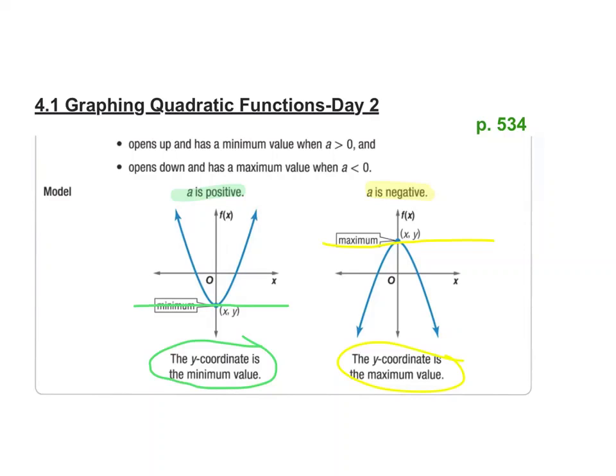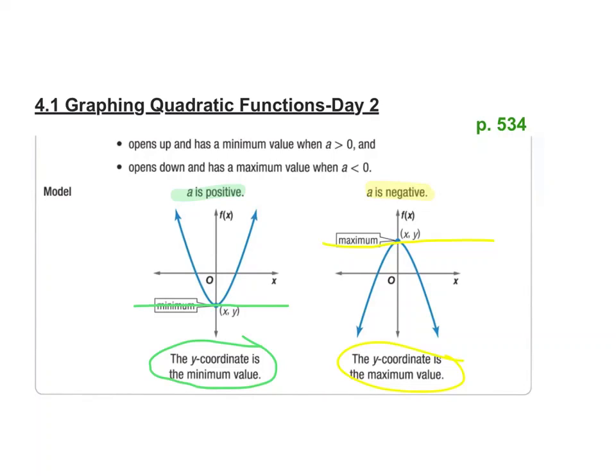So you can think about it in a couple different ways. If the parabola opens up, the vertex is the bottom or lowest point. When the parabola opens down, the vertex is the highest or maximum value for that function. And that's really what the rest of this section is all about, identifying the maximum and minimum.